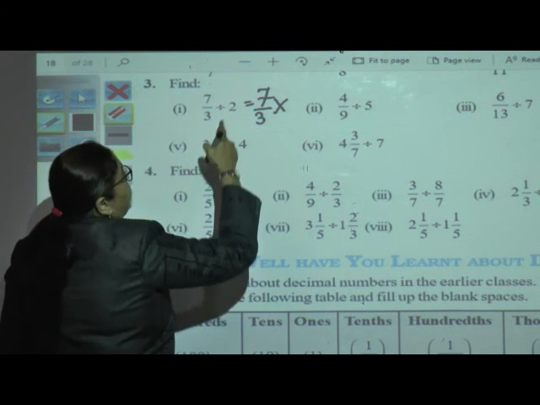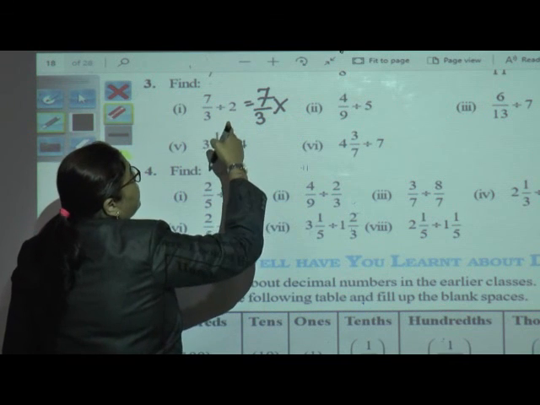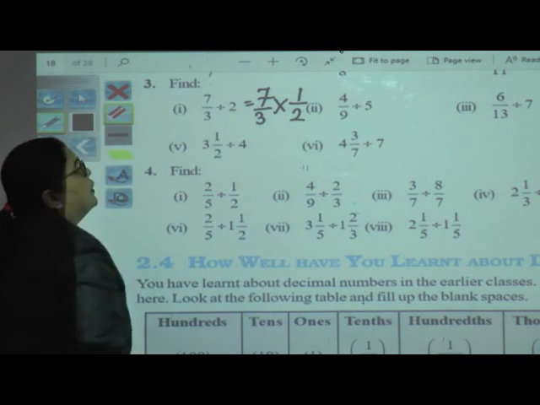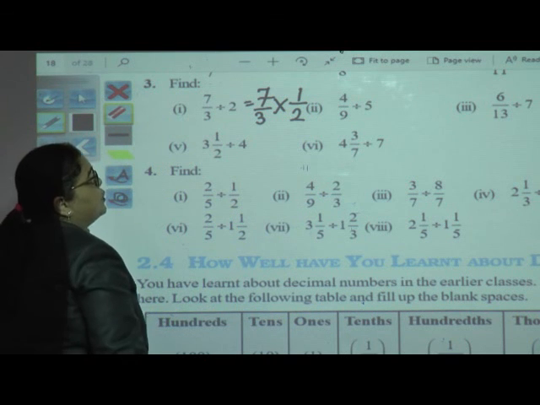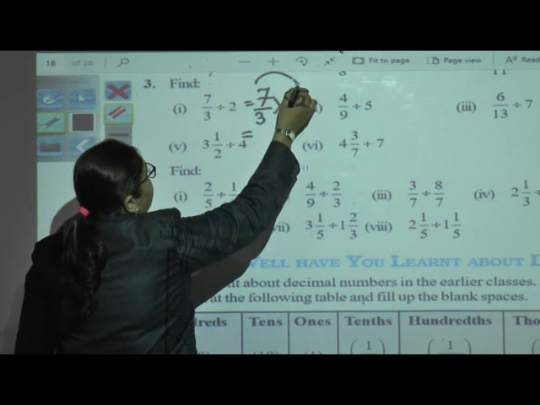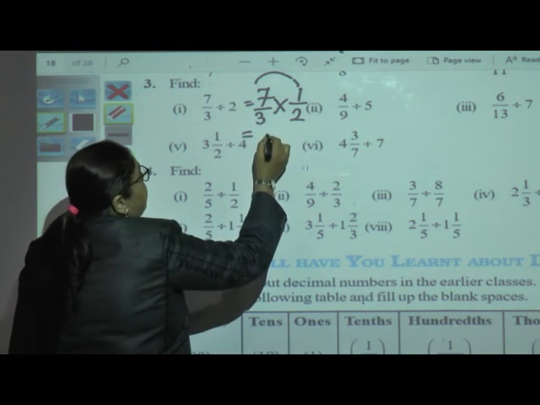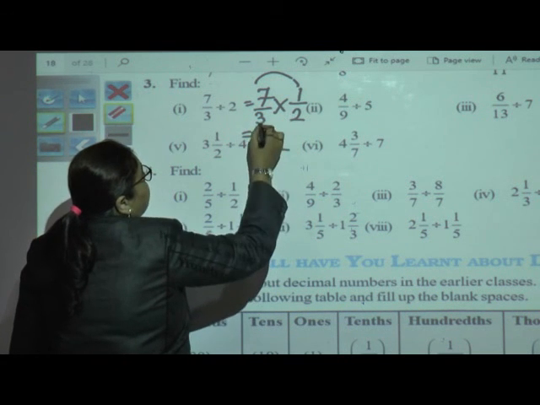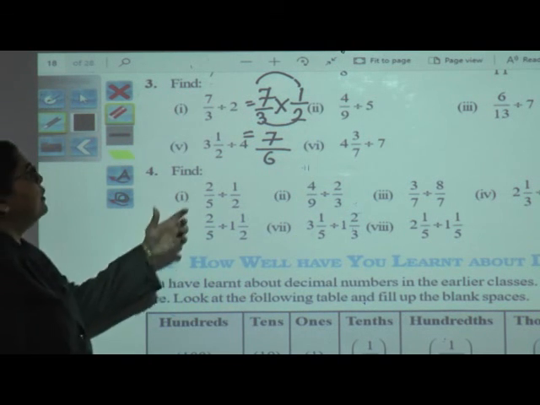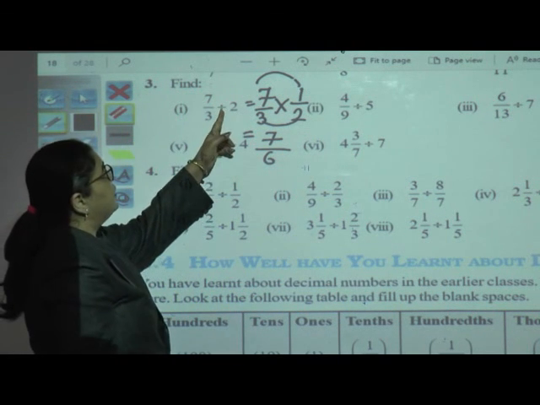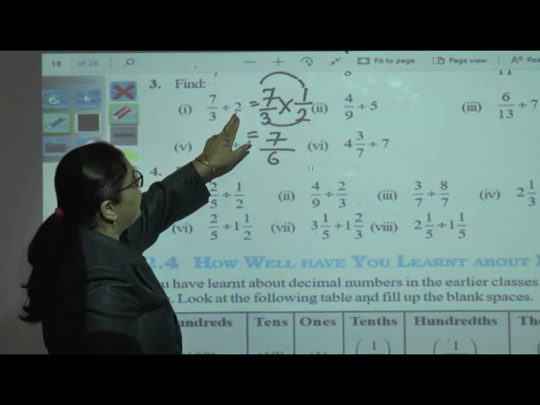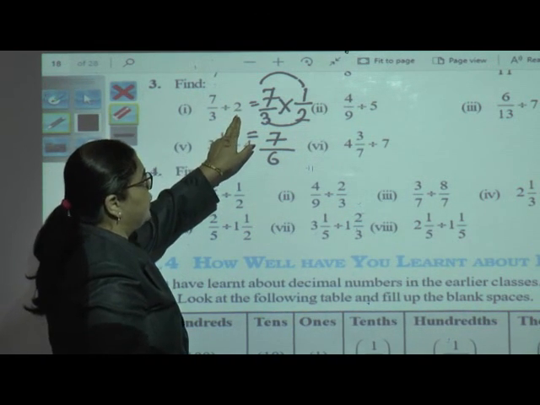Then multiplied by 2 upon 1, the reciprocal will be 1 upon 2. Now is it possible to reduce? No, it is not possible to reduce. So we will multiply numerator to numerator, that is 7 1s are 7, upon 3 2s are 6. It's very easy. Don't get confused, because after the division, if we have a whole number, we have to convert it into fraction form, then take its reciprocal.